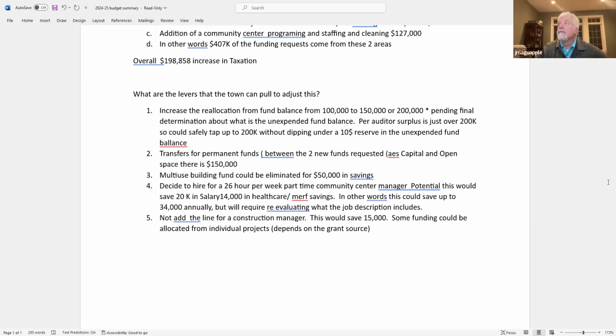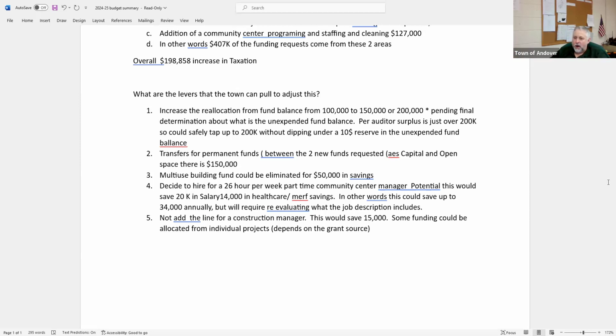Yeah. Okay, so show us these. When we're talking about this, if you look at the big ones, you talk about what levers you can pull relatively easy to make a change. The first thing is you can tap more than $100,000 in fund balance if you so choose.